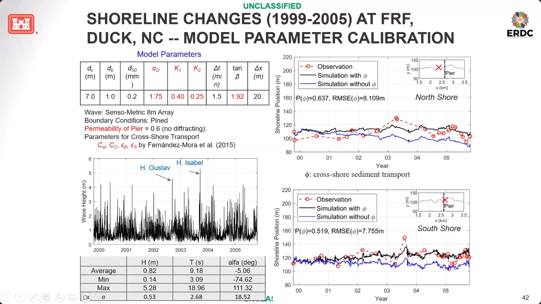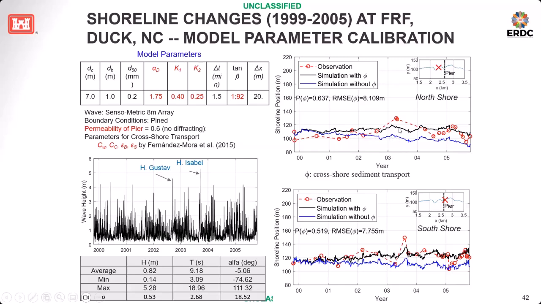So we pick one point as the north shore and compare histories of shoreline change, first including cross-shore and then only longshore.